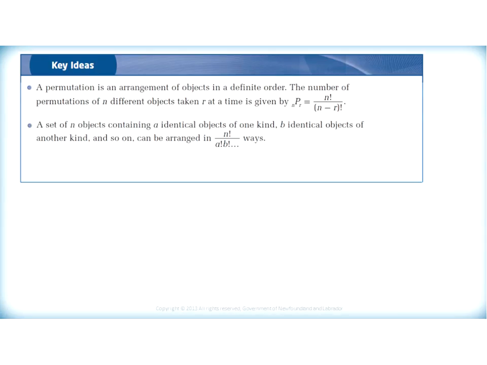A permutation, then, is an arrangement of objects in a definite order. The number of permutations of n objects taken r at a time is given by this formula, where n permute r is equal to n factorial divided by n minus r factorial. A set of n objects containing A identical objects of one kind, B identical objects of another kind, and so on, can be arranged in n factorial divided by A factorial, B factorial ways.